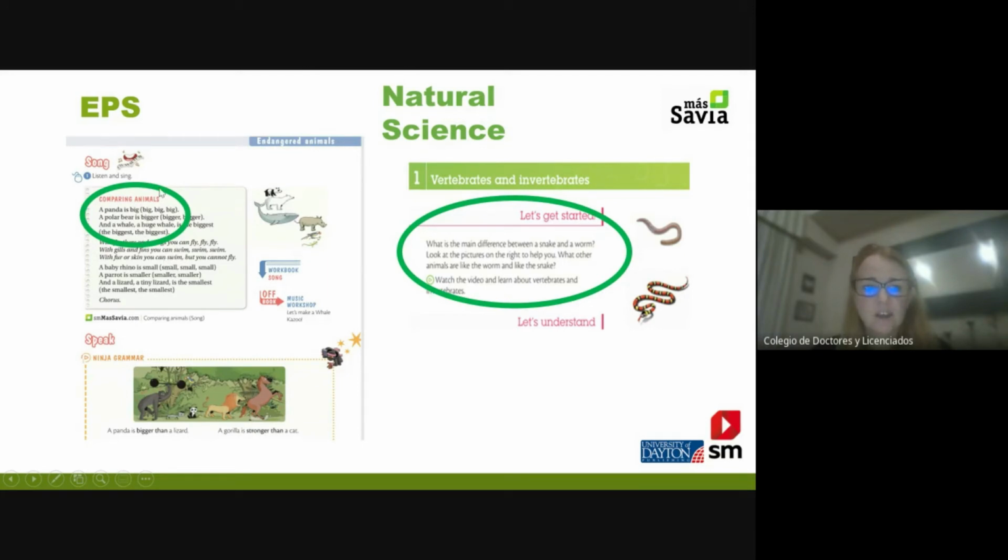And as you can see, they're not only just working on comparisons, but we're using animal vocabulary, which is what they're doing in science. We're not repeating what they do in science because that would be very boring, but we're just giving them more exposure in a different light, okay? So they get more exposure to the words they're seeing. The more times they see it, the more they're going to get it.